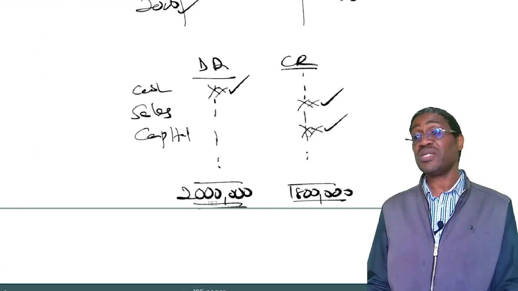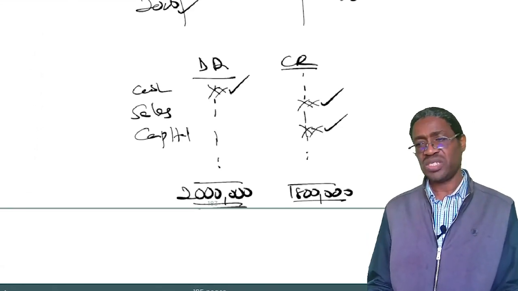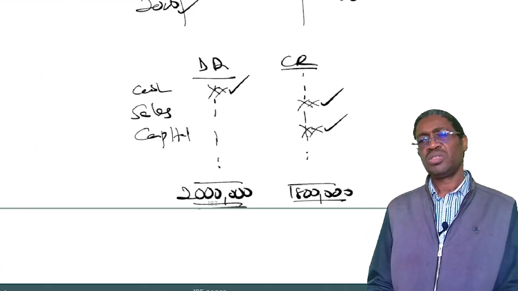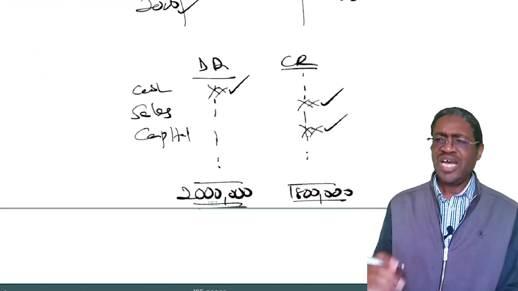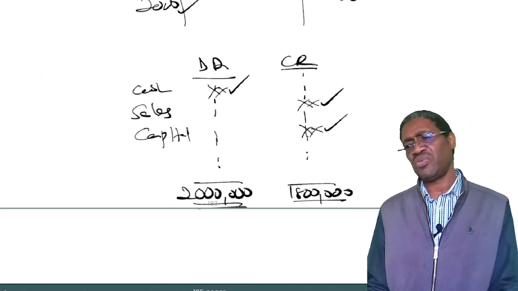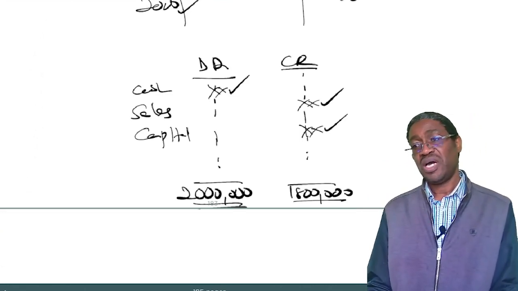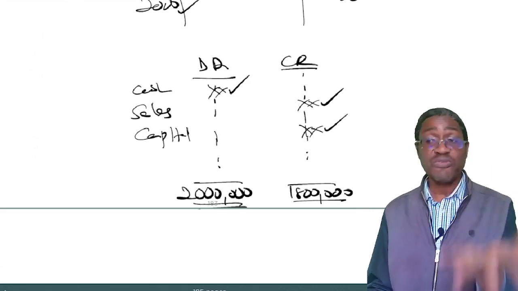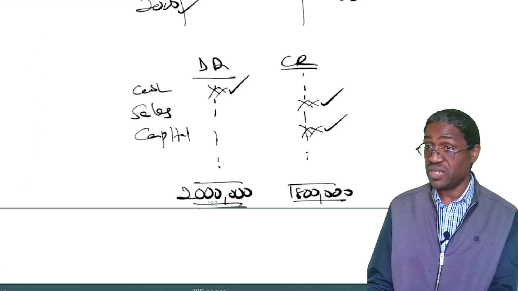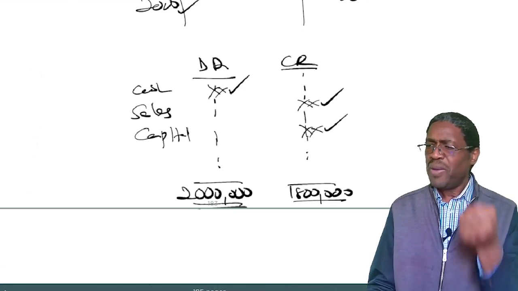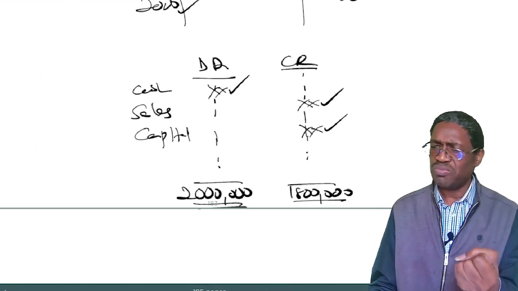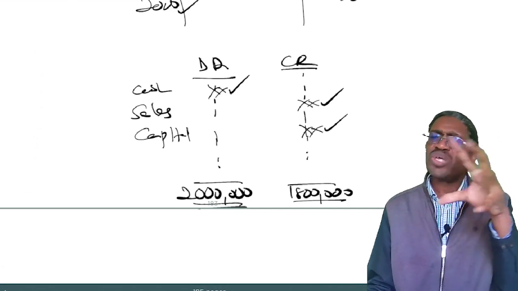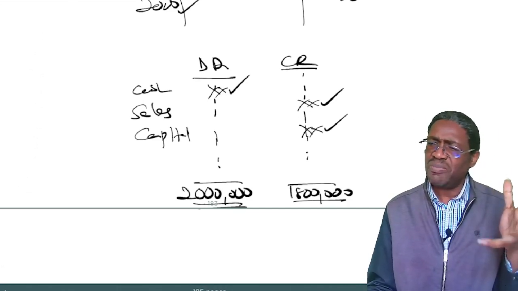That's why the trial balance is not balancing. What do you do? Do you go back and look for the errors that you have committed? Remember, by the end of the year, you're supposed to prepare your profit and loss or the income statement. But when you realize the trial balance has not balanced, are you required to go looking for the transaction that made the trial balance not to balance?